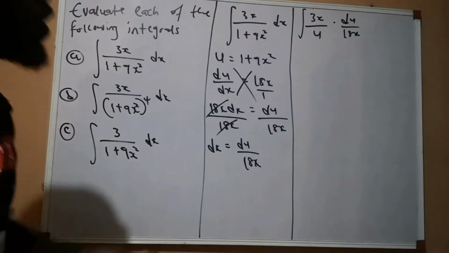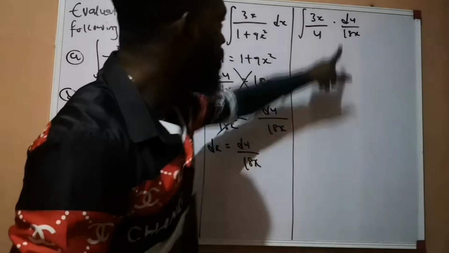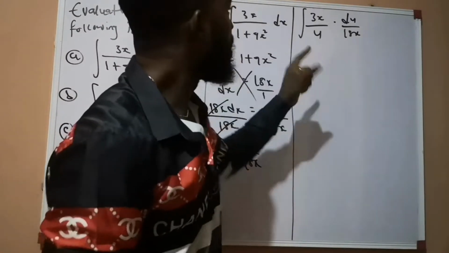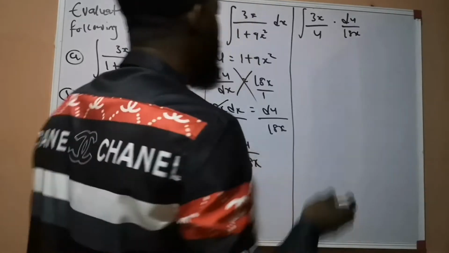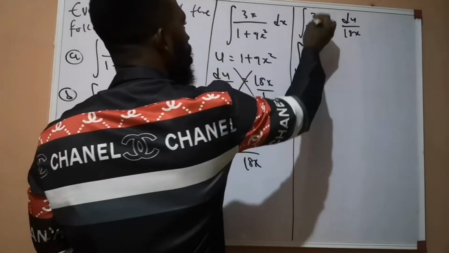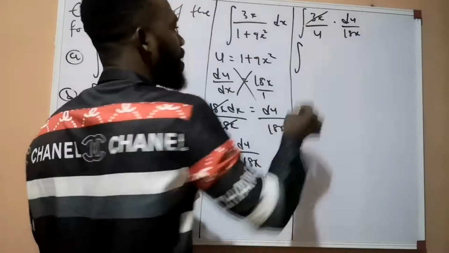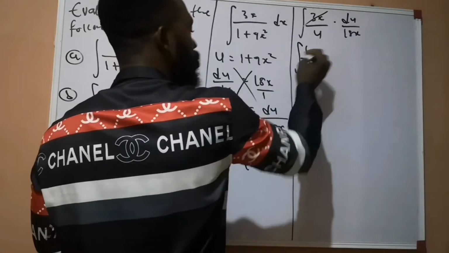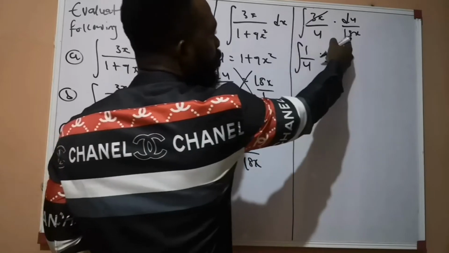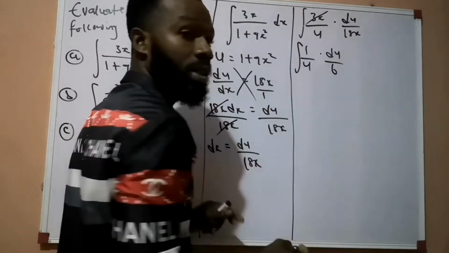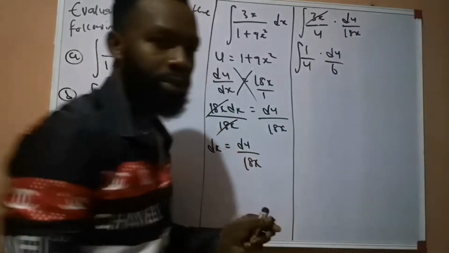The dot here means multiplication. You will notice that 3x can cancel 18x. If 3x cancels 3x, I will have the integral of 1 over u, dot du over, and if 3 cancels 18, I will have 6. If x cancels x, there is no more x.